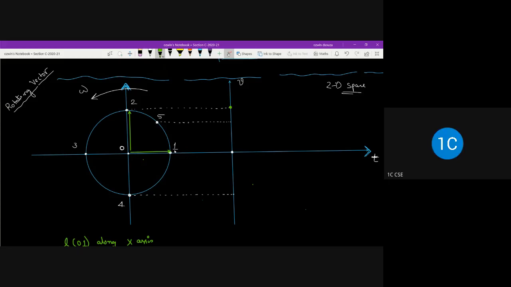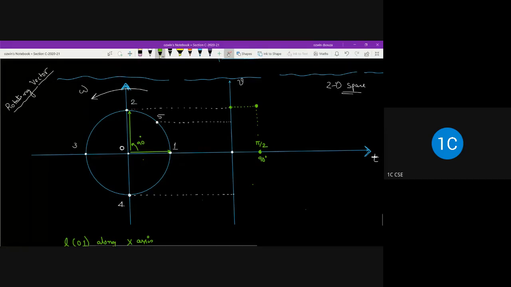The default position was position 1. Now you have rotated by an angle of 90 degrees, so you have to measure this angular displacement. Suppose this is 90 degrees or pi by 2 radians, one and the same. At this point you show the projection. So this is the projection of the vector at position 2.